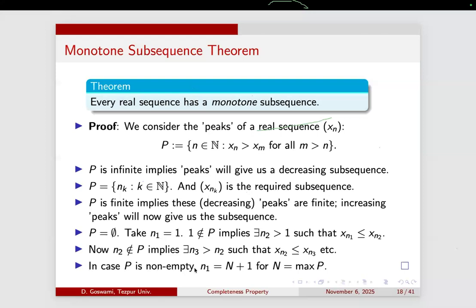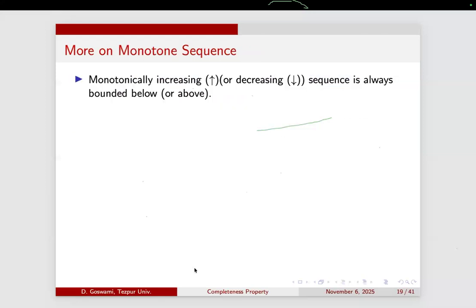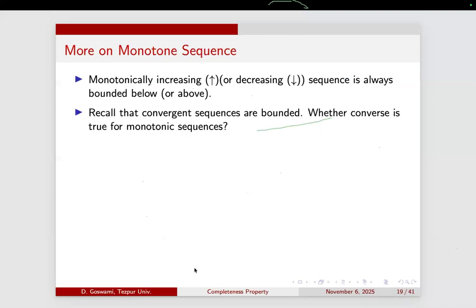The slide should be available, so one can always go through it. What I'm interested in is the fact that if a monotone sequence is increasing, just imagine your sequence x1, x2, x3, x4, they are increasing. That means it is already bounded below, right?